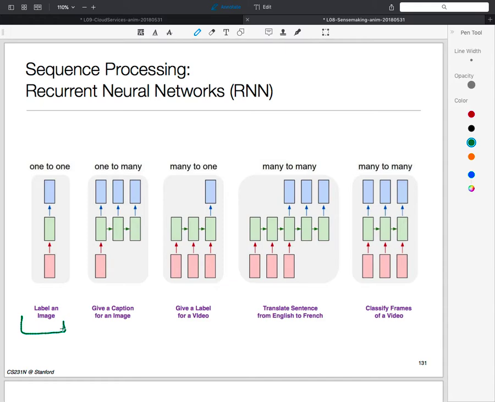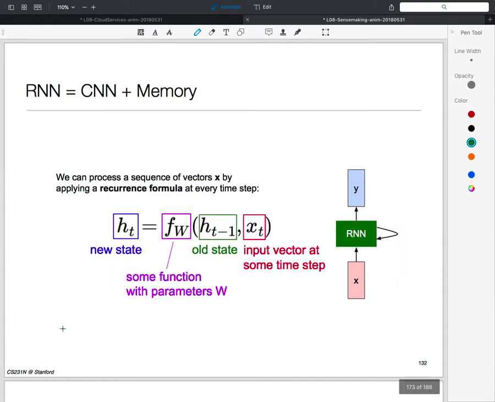To capture this notion, there's a type of neural network where we create a feedback. So instead of X resulting in Y, there is also a hidden state, H, which maintains some memory, and we update that also.